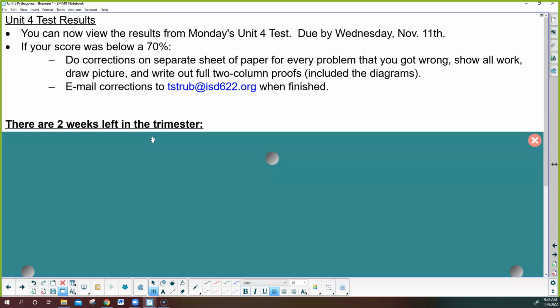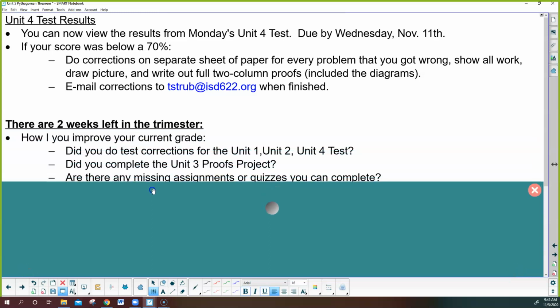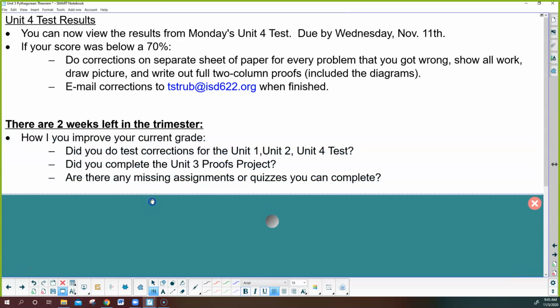The only thing I can tell you is people didn't compare the full triangles. They compared a piece to a piece instead of a full length to a full length. My hint, the only hint I'll give you, is if you draw the 2 separate triangles, one for the bigger triangle and one for the smaller one, you're going to notice where your error was in that problem. So that's all I can say right now about it.